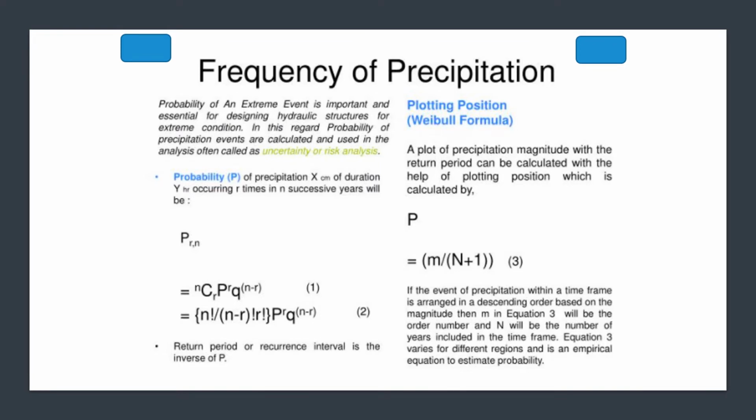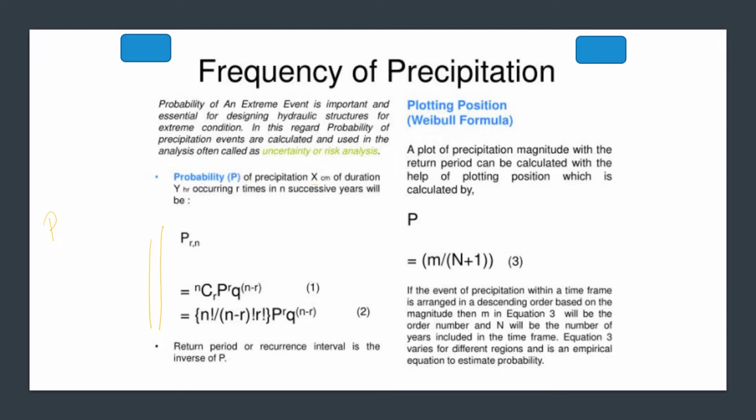So the first question can be answered with the help of this formula. Probability of a precipitation, suppose it has a magnitude of x centimeter and has a duration of y hour.